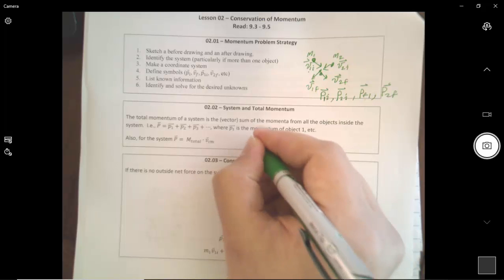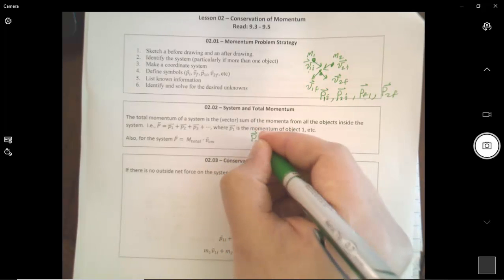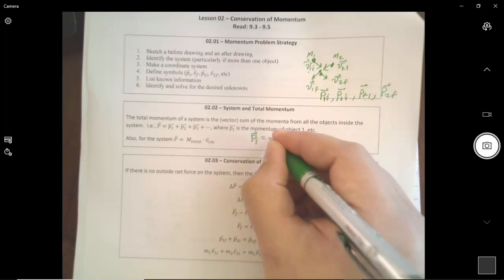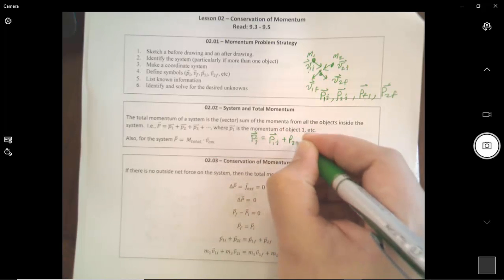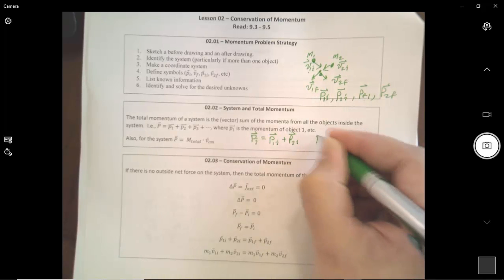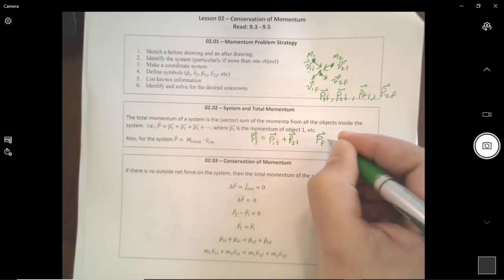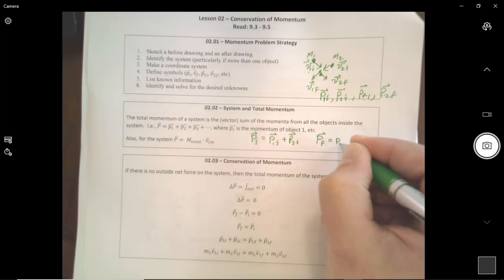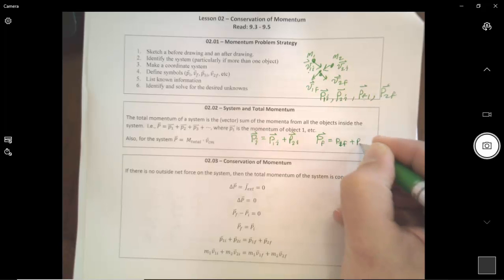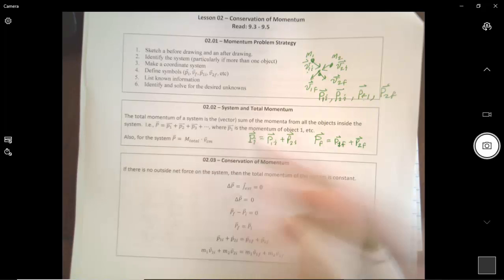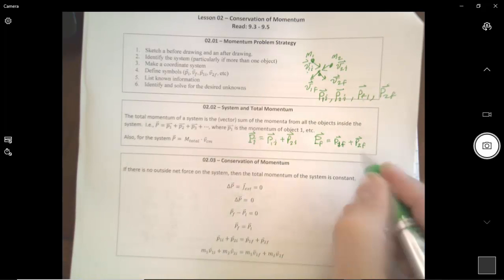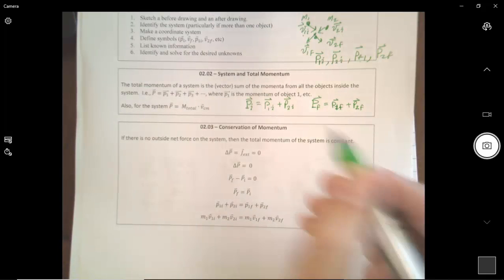In particular, we would have an initial, which would be P1i plus P2i, and we would have a final, which would be equal to P1f plus P2f. Notice that these are meant to be capital P's and these are meant to be lowercase p's. That's how we denote those.